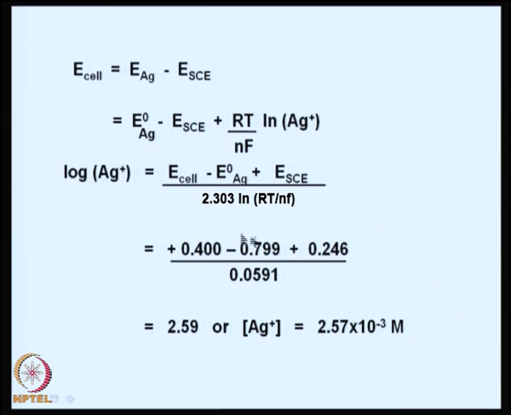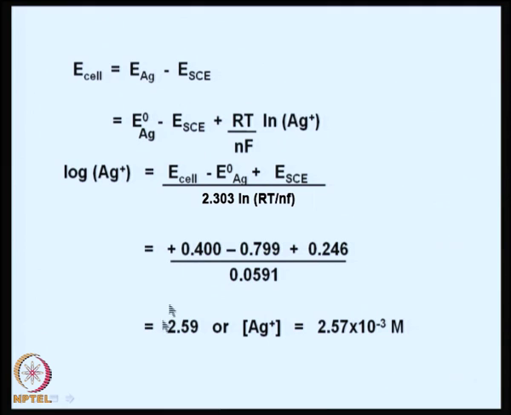By putting in the numerals, E cell is 0.400, E naught Ag is 0.799 and this is 0.246, that is the calomel electrode, divided by 2.303 RT by NF, whose standard value is 0.0591. When you put all the constants together, it is a good number to remember, because RT by NF multiplied by 2.303 is 0.0591.